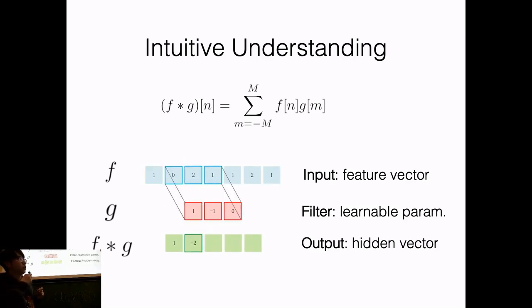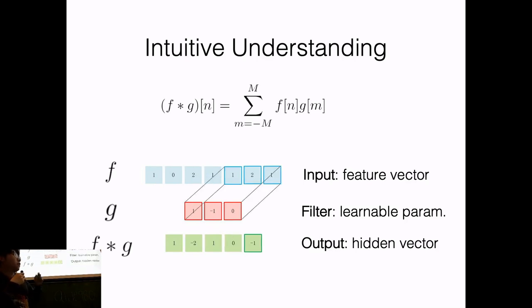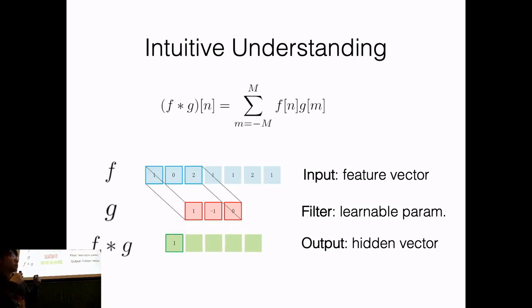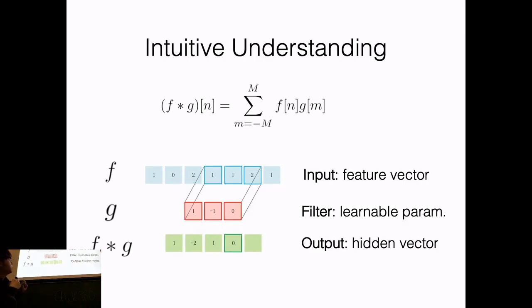As you can see, the function f and the function g are two vectors, and each value in the green box can be calculated by summing the products of the two cells in f and g. In a deep neural network, the function f can usually be regarded as the input, and the function g is usually regarded as the filter.